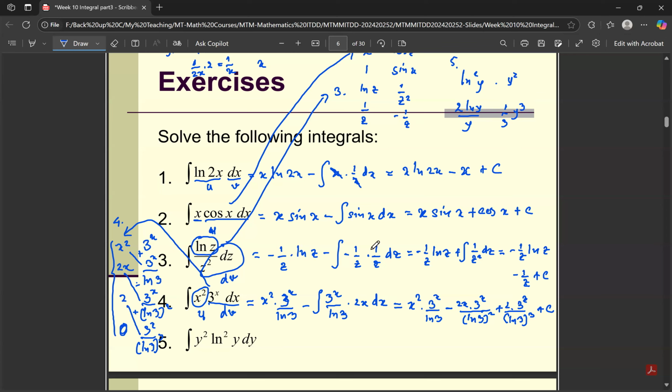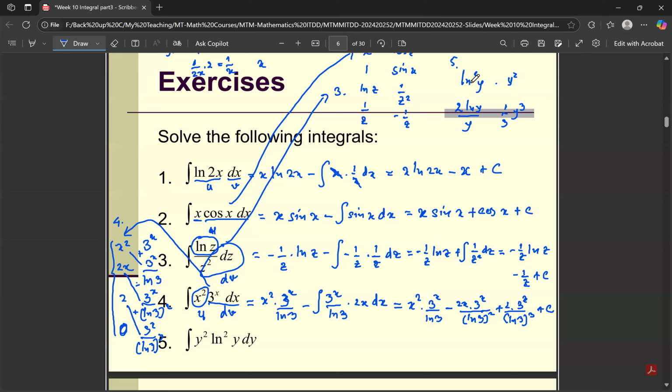In this case, can we apply the formula like in number 4? No, because we look at the first column, the derivative does not tend to be 0.